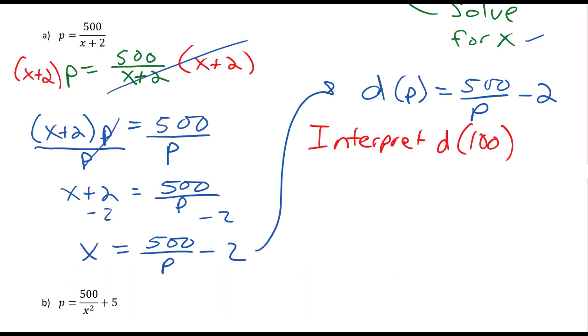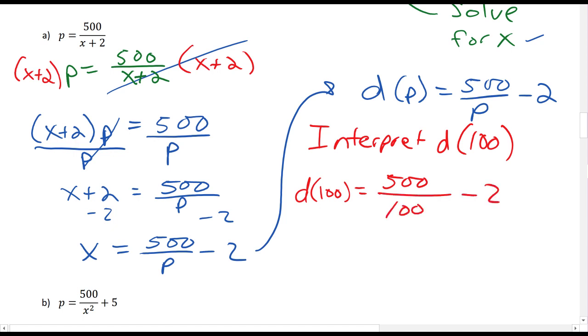This means, remember, this is d of p. So that means everywhere we see a p, we're going to plug in 100. So here we go into the function that we just calculated. D of 100 equals 500 over 100 minus 2. 500 divided by 100 is 5. 5 minus 2 is equal to 3.